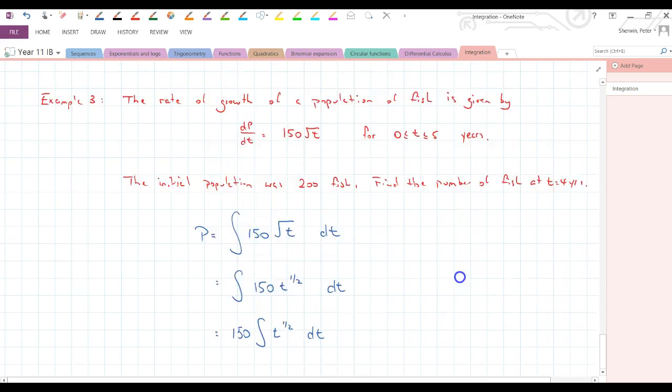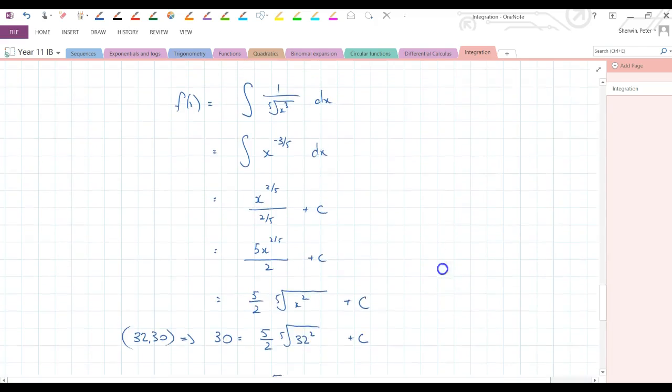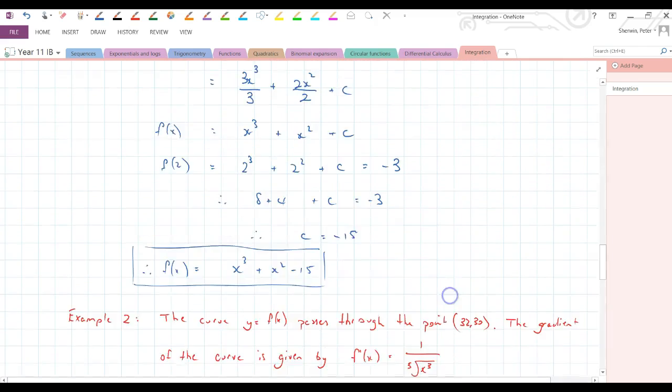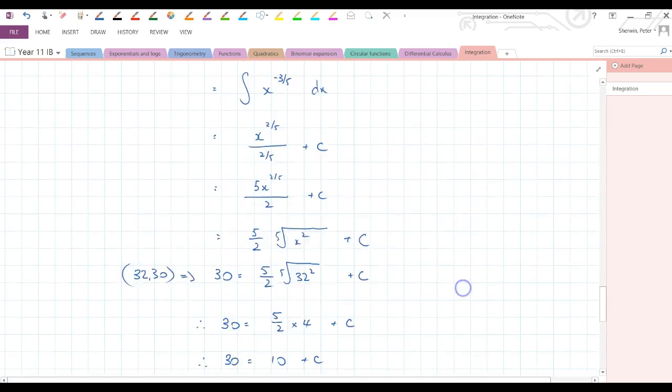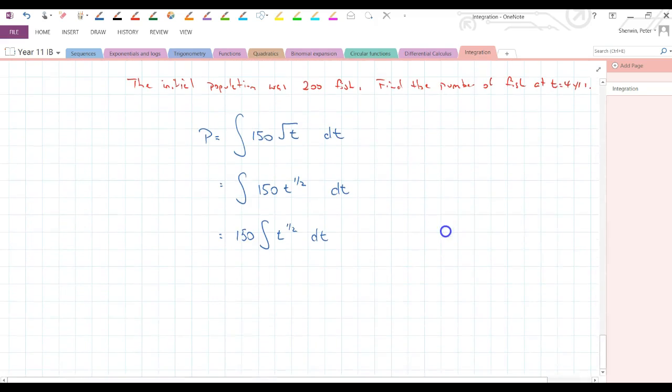In this case, 150. Haven't thought about doing it before so much because they've been quite small values out the front. So here, this 3x squared, we could have removed the 3 and done that separately. So in this case, let's get rid of the 150, put it out the front, isolate that, and so I'm just going to be concerned with integrating this here.